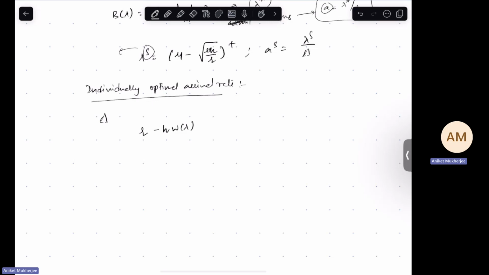So this is the reward if a customer enters, and this is the reward if the customer does not enter.